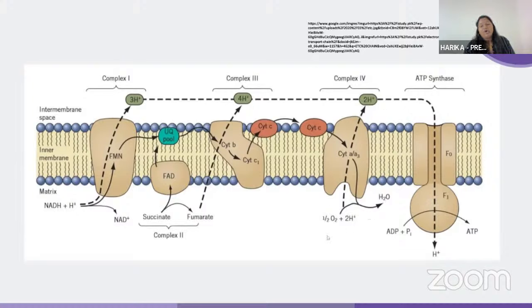The oxygen takes up the hydrogen ions and forms a water molecule, and the hydrogens which are released out are taken up by ATP synthase, and then they are used. Okay.